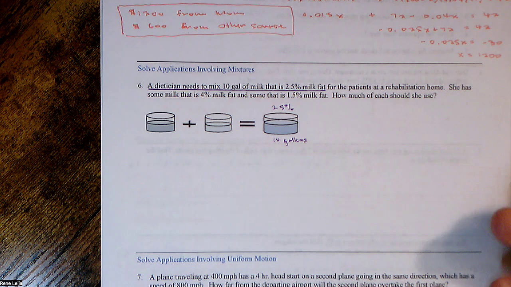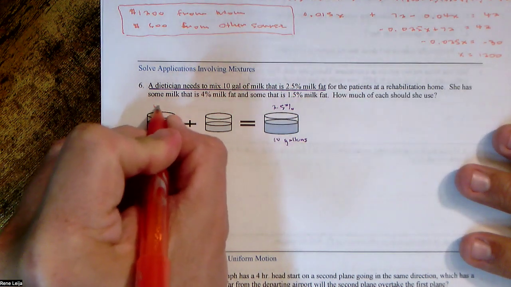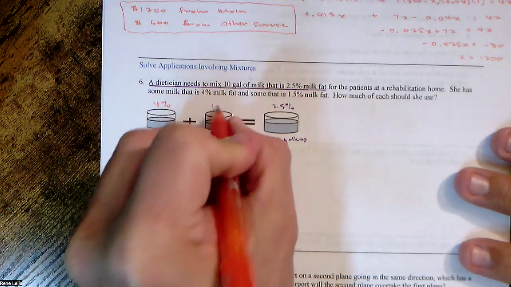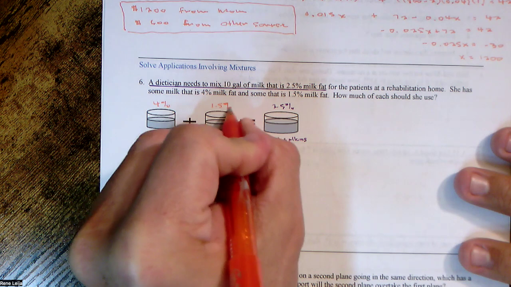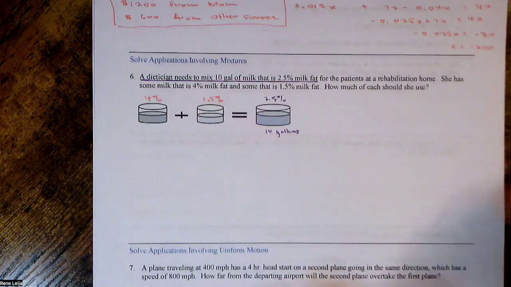So this one looks like it's more. So we'll say this is the 4% milk fat, and this is going to be the 1.5% milk fat. Now, did they tell us how much of the 4% we need and how much of the 1.5% that we need? And they did not.